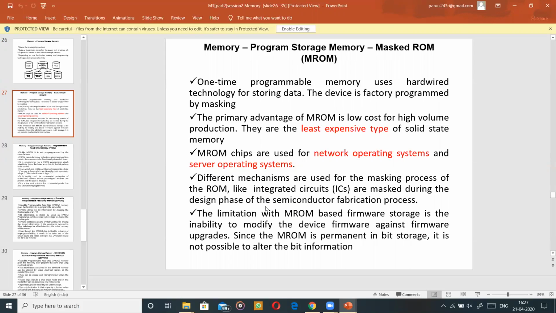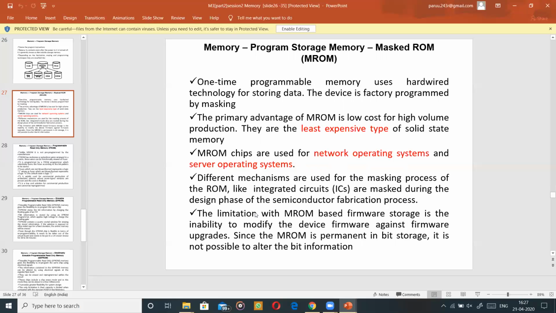This technology helps them go for mass production, and it is much cheaper compared to other ROM. As I said, its applications are mainly network operating systems and server operating systems, so they are widely used in those domains.